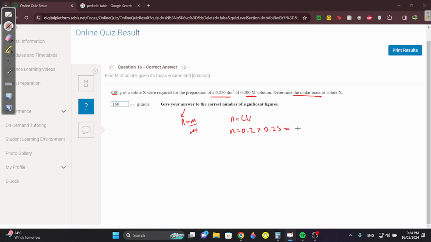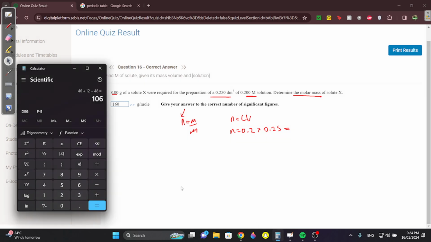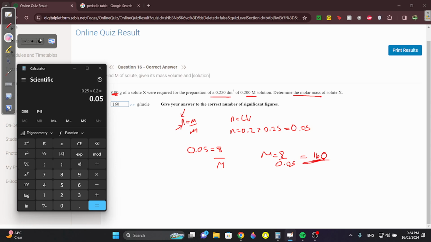Multiply them: 0.25 times 0.2 is 0.05. So you go back here, 0.05 is my moles, and the mass is 8 grams. We want the molar mass, which will be 8 divided by 0.05, giving 160. That's it.